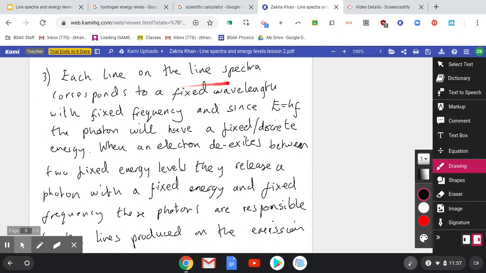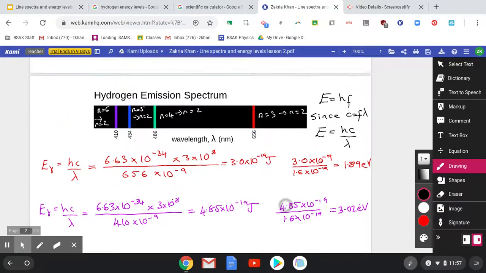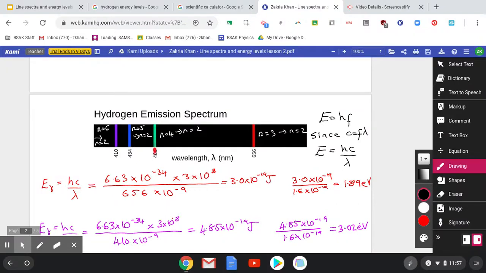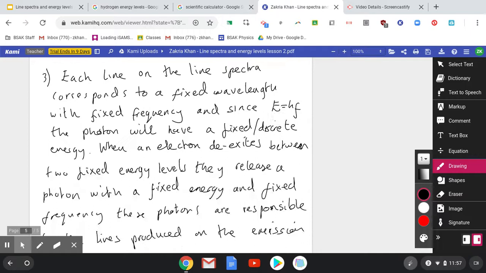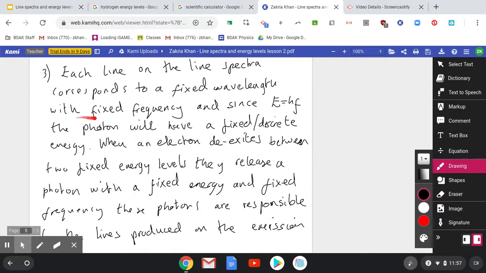Each line on the line spectra corresponds to a fixed wavelength, with a fixed frequency, and since E equals hf, that means that photon will have a fixed or discrete energy. So each line corresponds to a fixed energy.